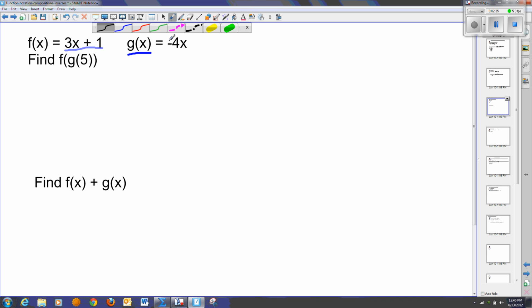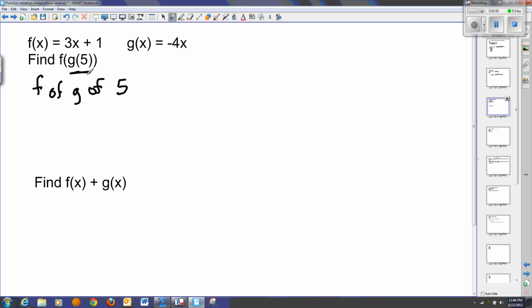Now, this notation here, f of g of x, or f of g of 5 in this specific case, I'll write that out, f of g of 5, that's how we say that, asks us to do the following. It asks us to find the g value at 5 first, and then plug that answer into the f function. So what we're going to do first is find g of 5.